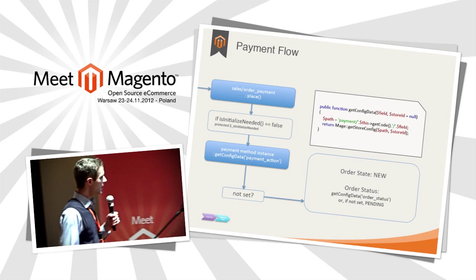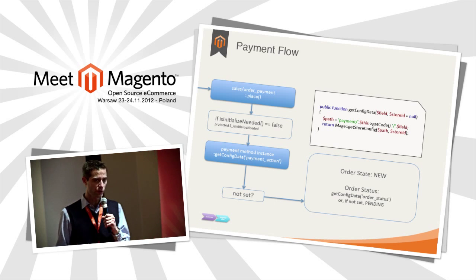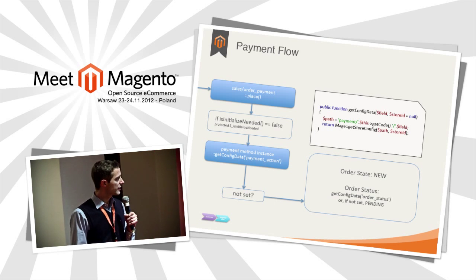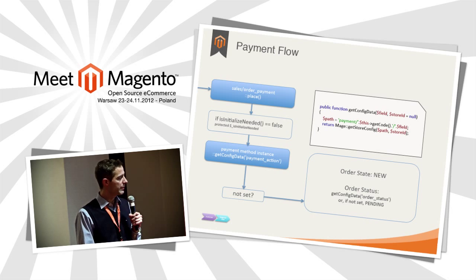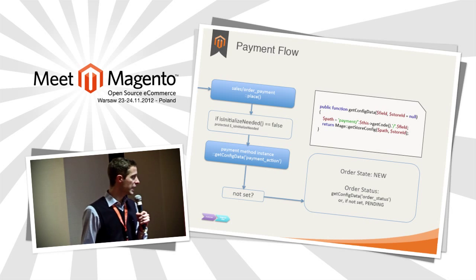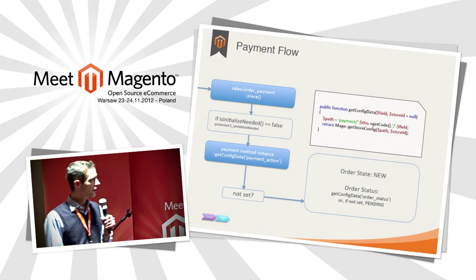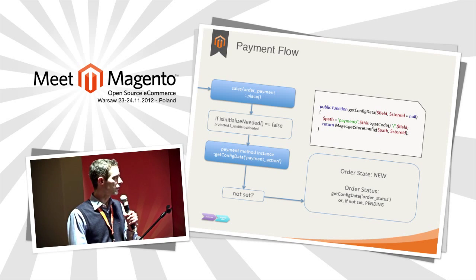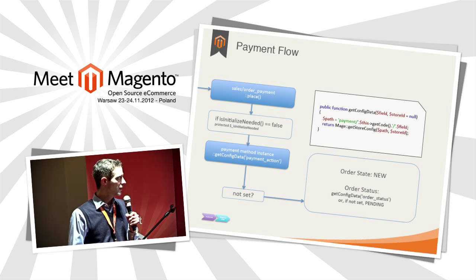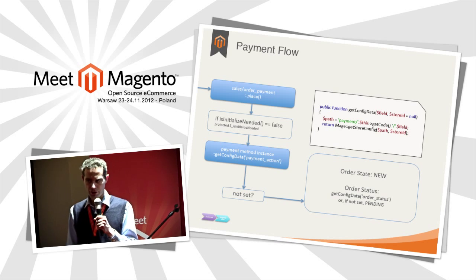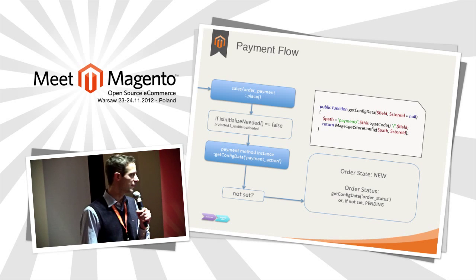Now, if initialization needed is false, the next thing Magento does is check the value of payment action. It uses getConfigData, so basically you can configure the config data in the config XML, of course, under payment, the payment code, and payment action. So what are the possible values there? The first value is nothing, if that node doesn't exist.